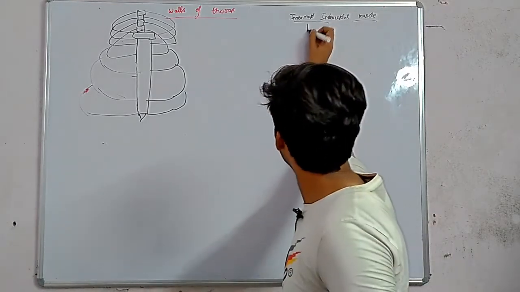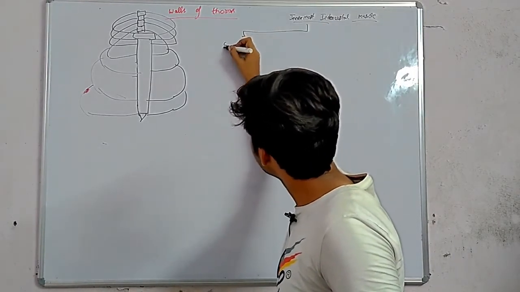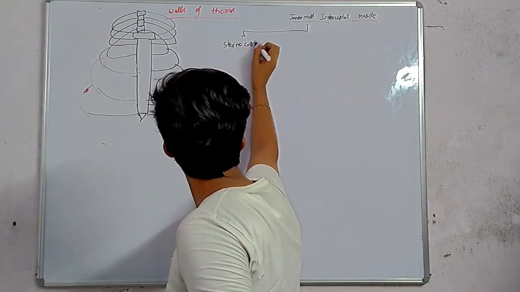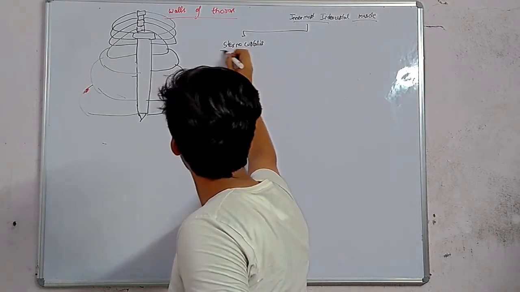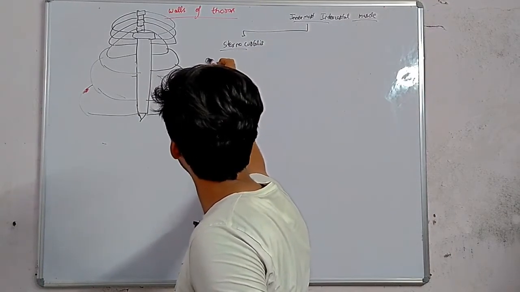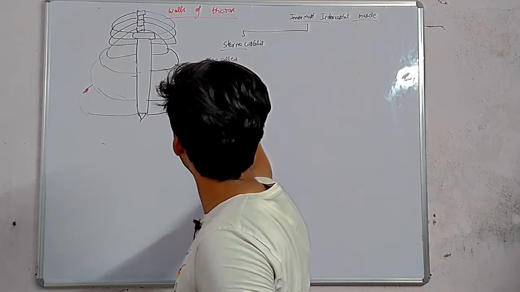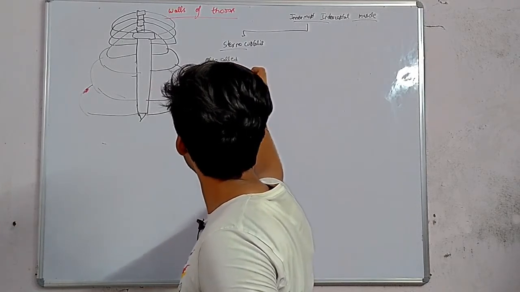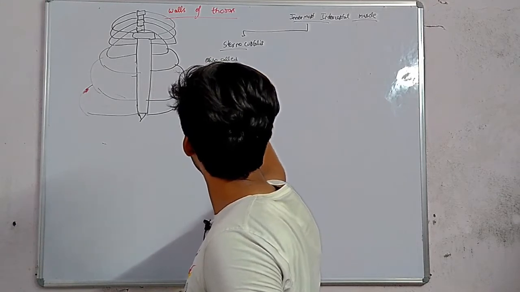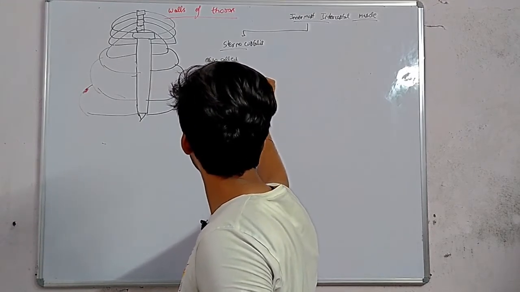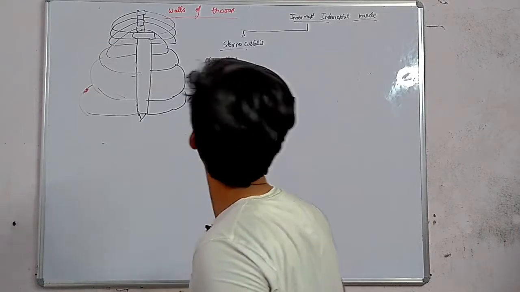Three parts. First, sternocostalis, also called transverse thoracis muscle. Done.